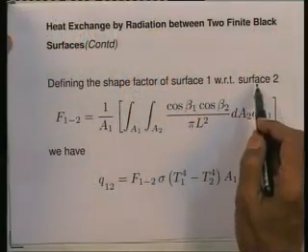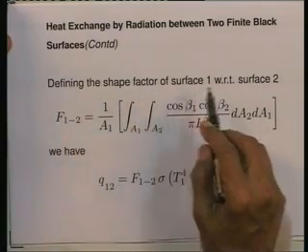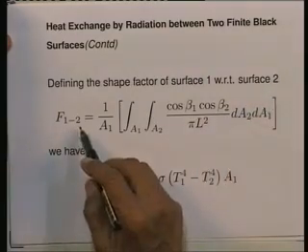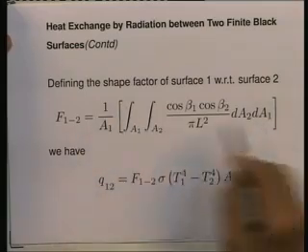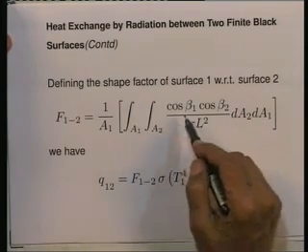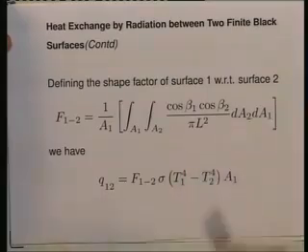So, we will say defining a shape factor, defining the shape factor of surface 1 with respect to surface 2. Let me repeat that, defining the shape factor of surface 1 with respect to surface 2, F1 to 2, as 1 upon A1, the quantity which I had earlier within square bracket, all that integral over A1 integral over A2 cosine beta 1 cosine beta 2 upon pi L square dA2 dA1.